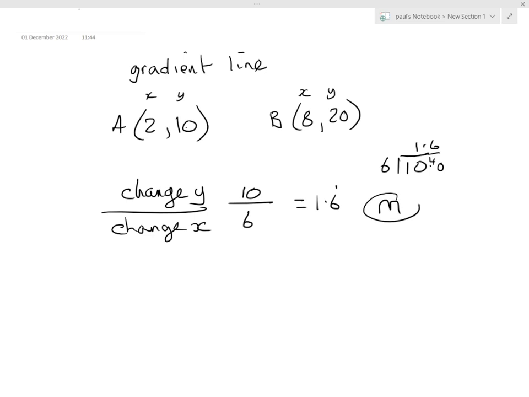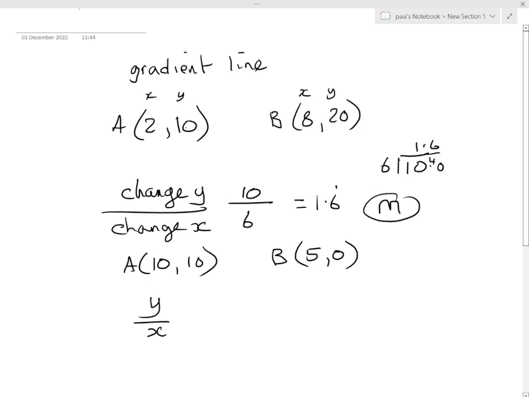If we had point A is 10, 10, and point B is 5, 0, right? So the change in y over the change in x.